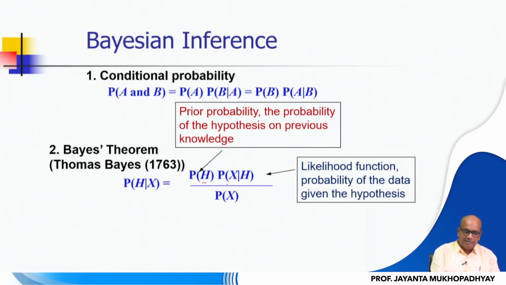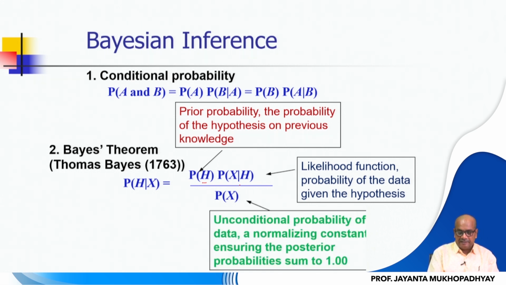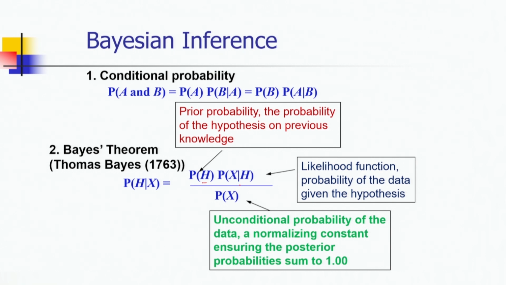And the probability of X is called unconditional, basically the marginal probability. If I just say, irrespective of male or female, what is the probability of that height? You consider all persons irrespective of their gender, and you have a distribution of height. What is the probability of this height?